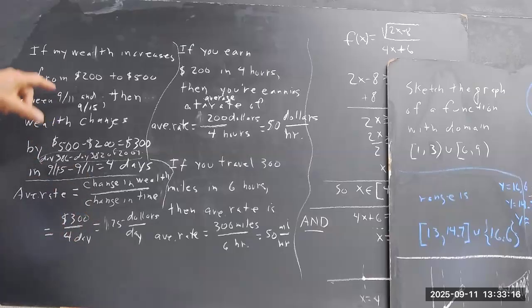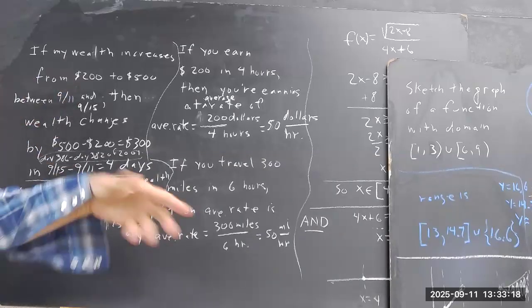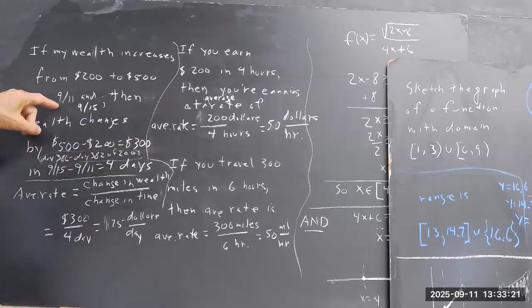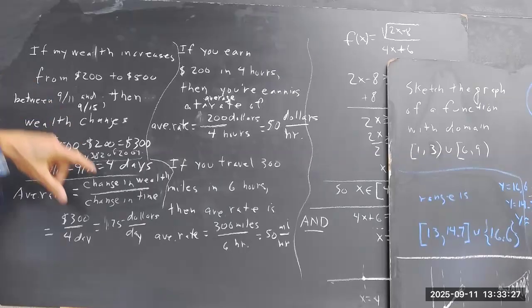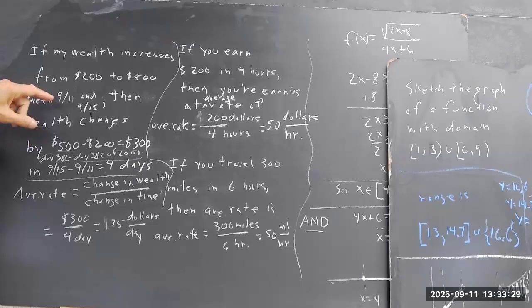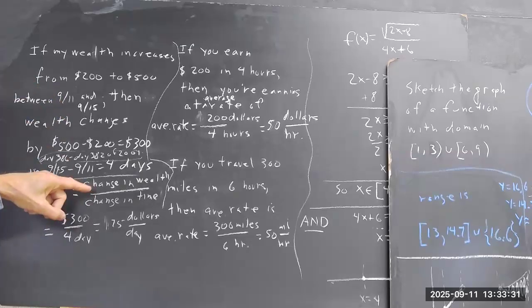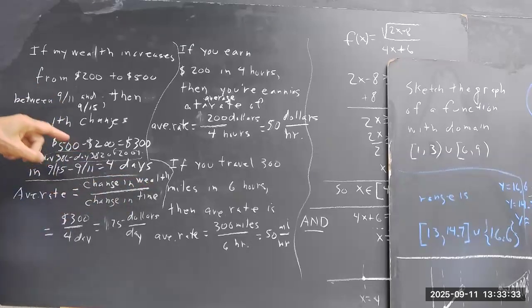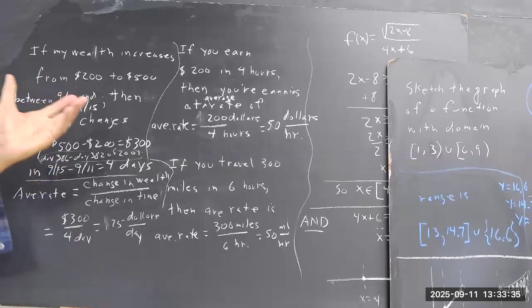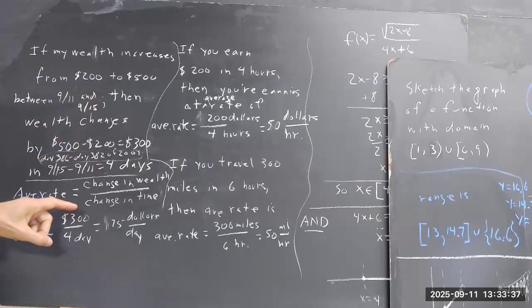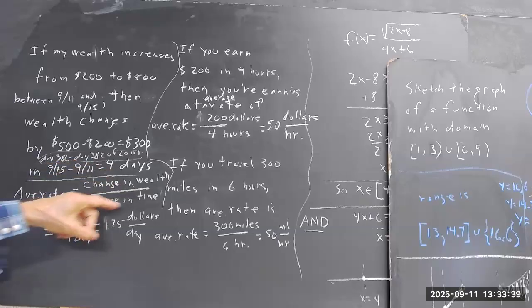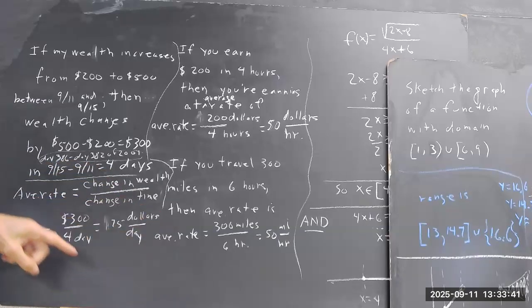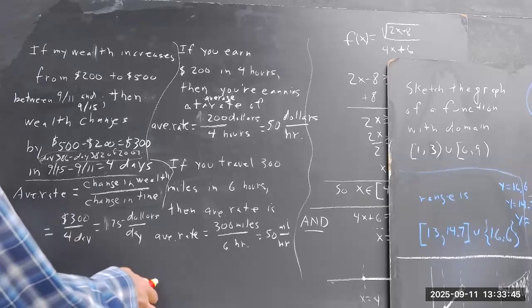Then I said, okay, between 9/11 and 9/15, just because today happens to be 9/11, 24 years later. So if we write it this way, we see that change in wealth is $300. That's pretty clear. And now we can say the 4 days is the change in time. We divide the change in wealth by the change in time. Okay.